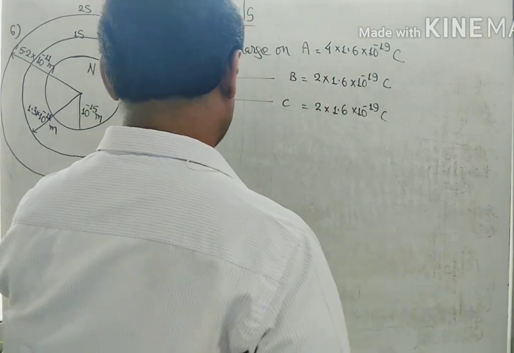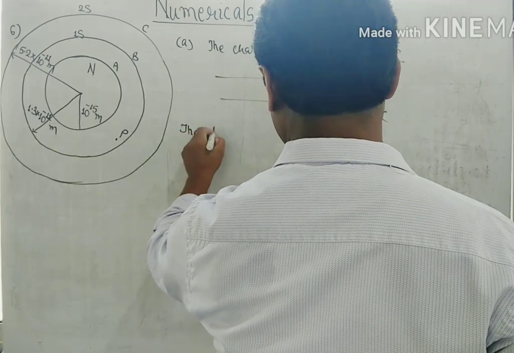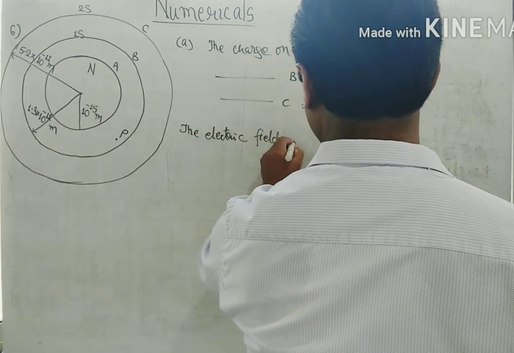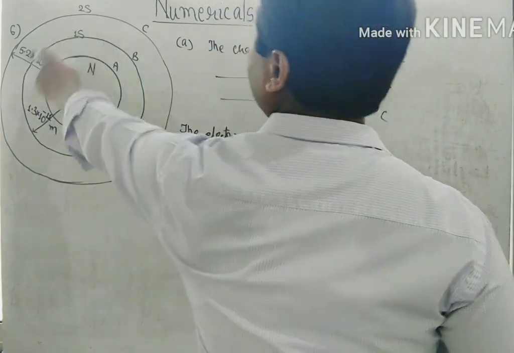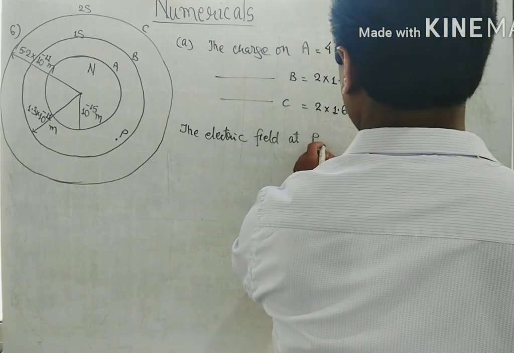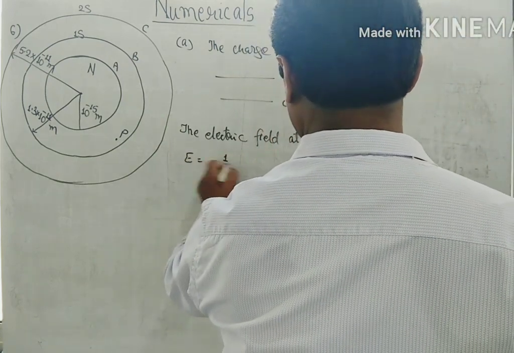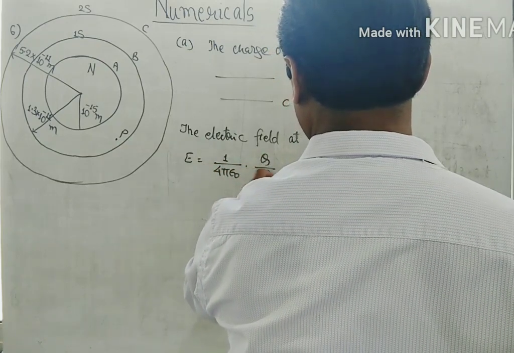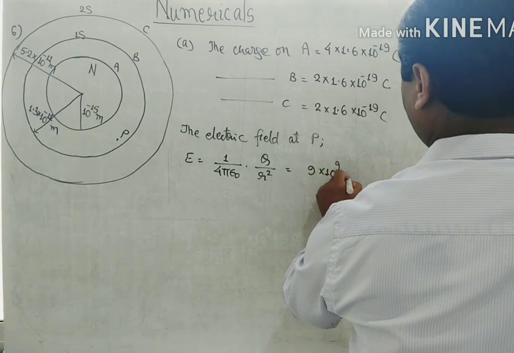So now we write the electric field at P, which is just inside the 1s spherical cloud. Here we write E equals 1 upon 4 pi epsilon naught into Q by R square. Let's place the value 9 into 10 to the power 9.